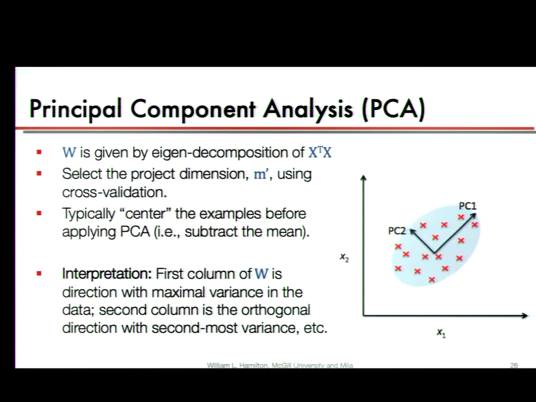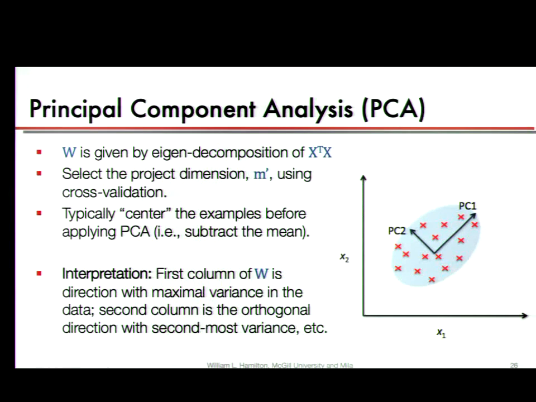Because this is actually related to the interpretation of PCA. One view of PCA is that it's this compression matrix that causes the least amount of data loss in this linear sense. But if you're looking at the columns of this W matrix, these are the directions. So the first eigenvector tells you the direction in your data that has the most variance.